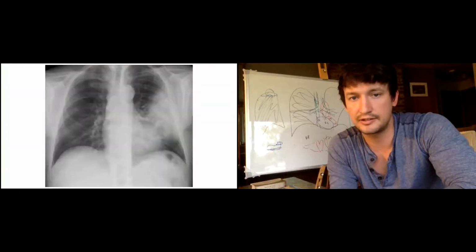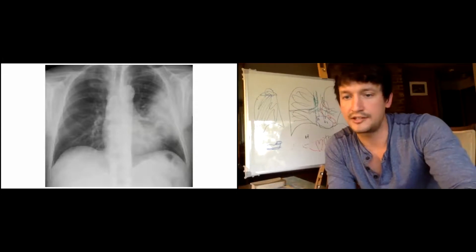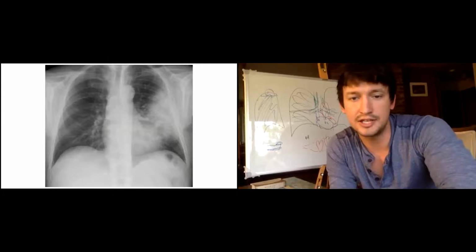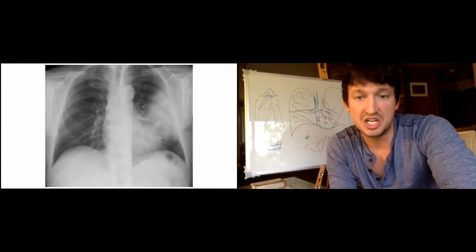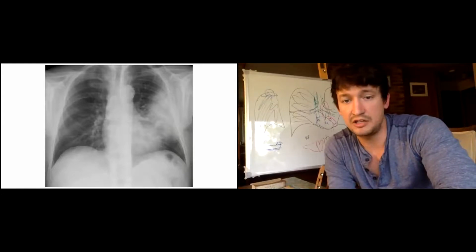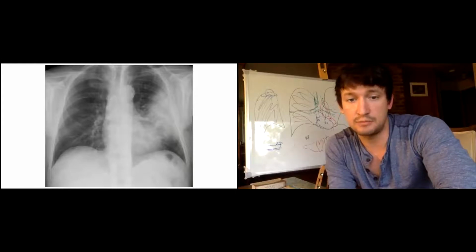Oh, that is kind of what it looks like. Okay, does someone want to tell me what they see? Where do you think this consolidation is located? For the sake of time, I'm just going to tell you it's the lingula and the left upper lobe. I guess the lingula is kind of the left middle lobe.